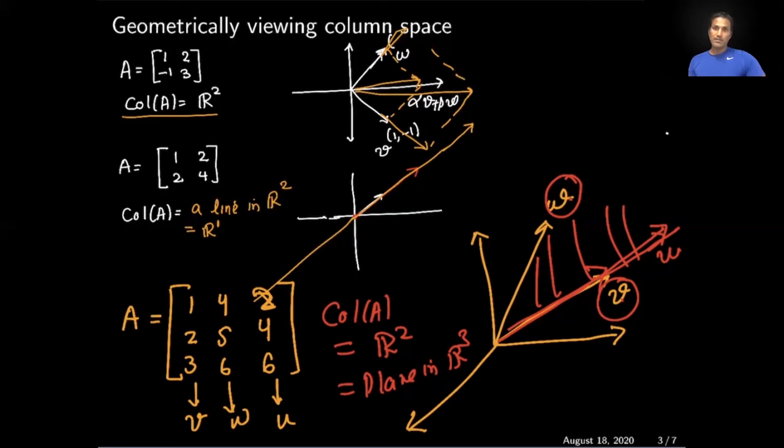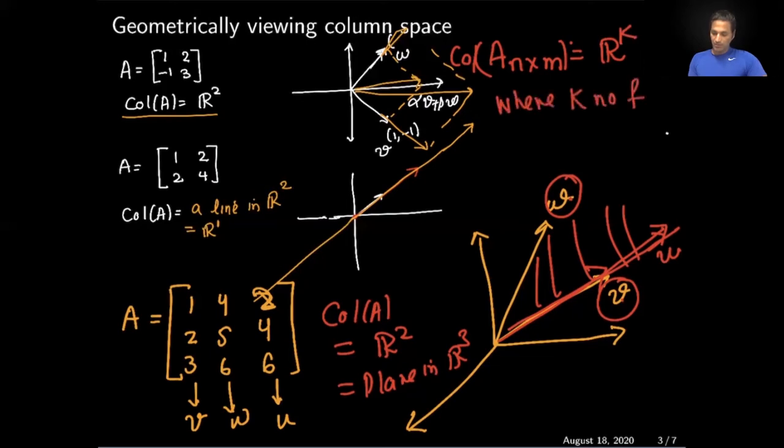We can generalize this concept: if you have an n by m matrix, then the column space of this matrix is going to be R to the power k, where the k columns of A are non-parallel.